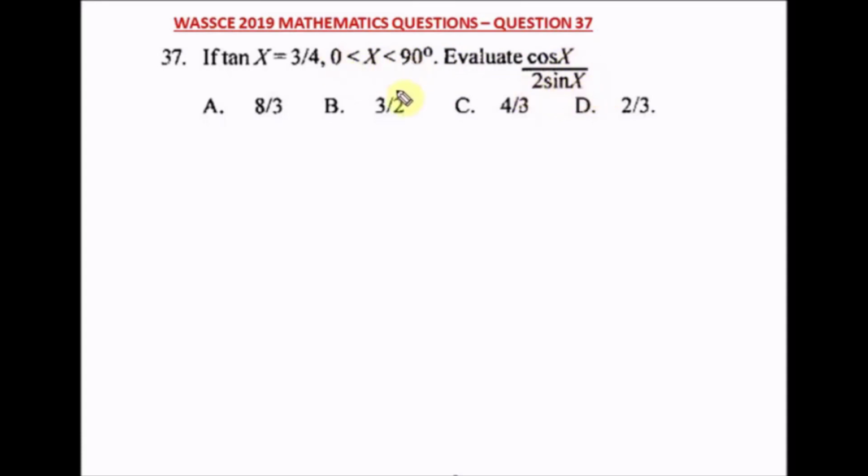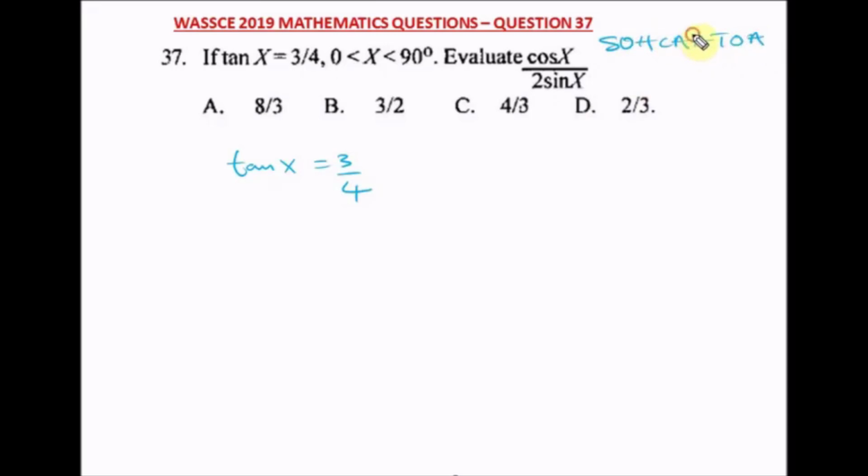Okay, when you see this, it is referring to a right angle triangle, where the other angle is less than 90 degrees but greater than 0. So from here, if you have tan x equals 3 over 4, don't forget your SOH CAH TOA.